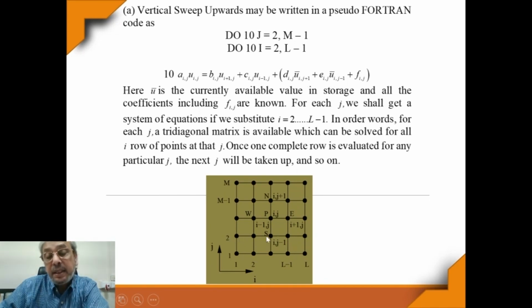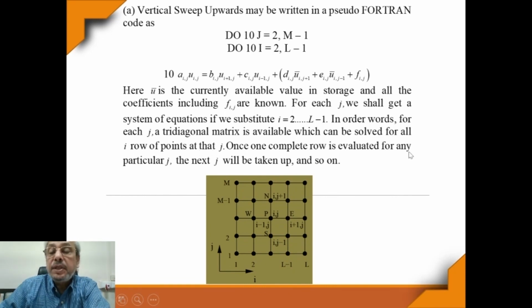We are varying in i. So for each j, we shall get a system of equations if we substitute i equal to 2 to L minus 1. In other words, for each j, a tridiagonal matrix is available which can be solved for all i, the row of points at that j.